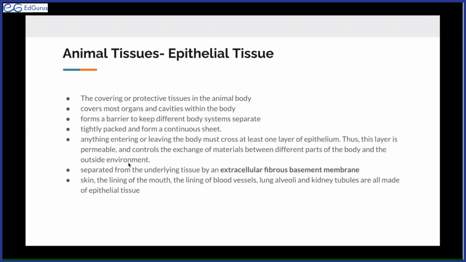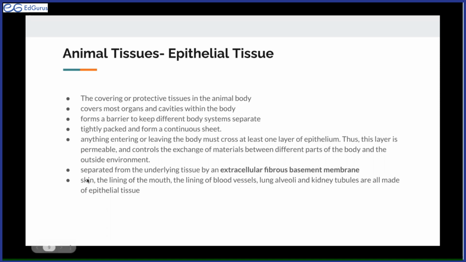So it's separated from the underlying tissue by an extracellular fibrous basement membrane. This means that there is a layer between epithelial tissue and the tissue below, whatever it's covering, and this layer is called this. And basically examples of epithelial tissue would be your skin, because I told you now it's like a protective covering for your body.